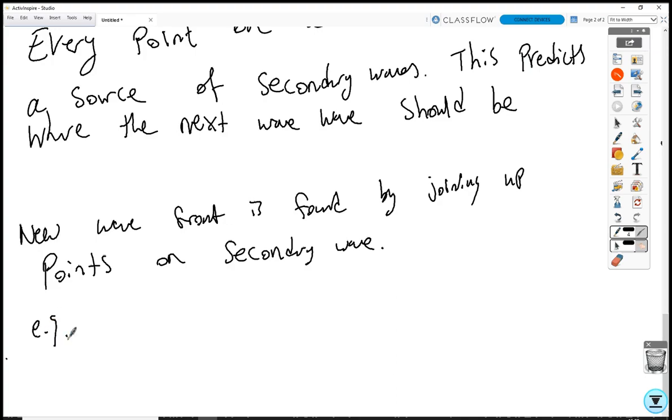So, e.g., we start with the source. Now the source behaves as a source for the next wave. So the first wave front in all directions would be a wavelength apart. So there's lambda.